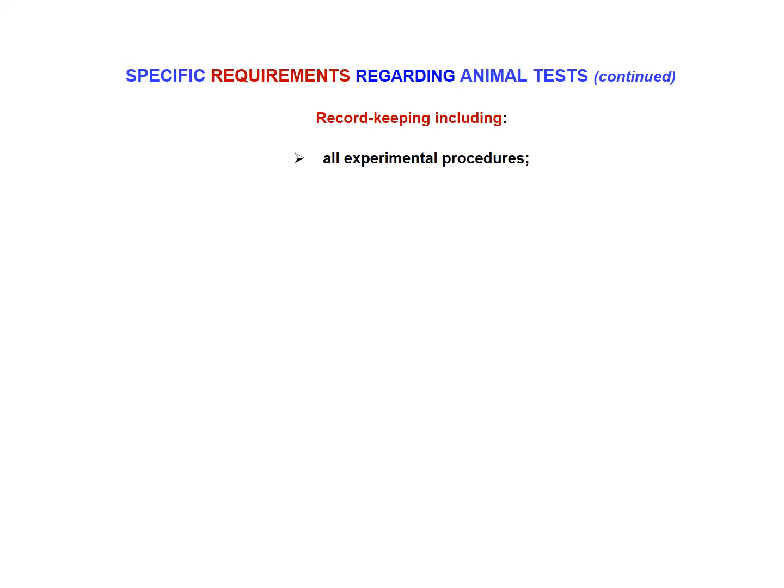And these aspects include all experimental procedures, the daily log of what happened with the particular study, description of the pertinent controls and what the results were regarding the controls versus the animals, which are, of course, the main part of the study.